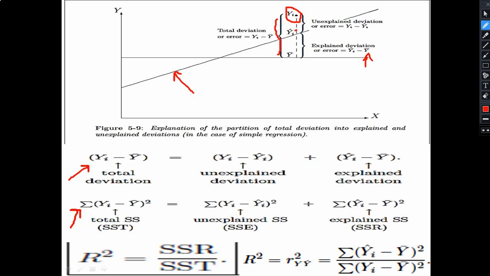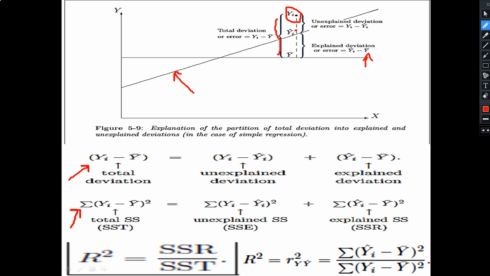And finally we find that SST, which is the total sum of squares, equals SSE, which is the sum of squared error, plus SSR, which is the sum of squares due to the regression.